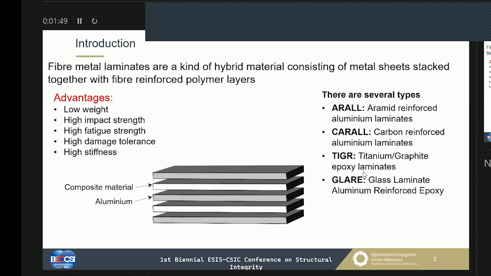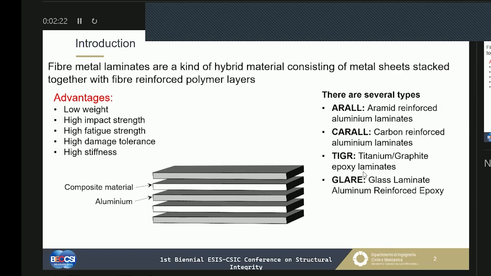There are several types of FML, and depending on the material involved, we have the glare, that is the material that I have studied in my work, that is based on aluminum sheets and fiberglass composite. Then there is also the aral and the caral that are based on aluminum and aramidic fiber or carbon fiber, respectively.